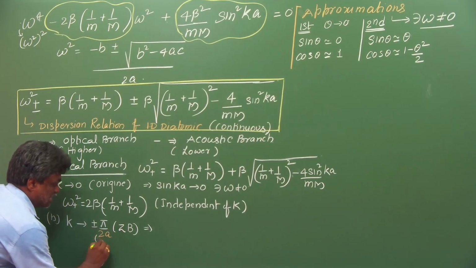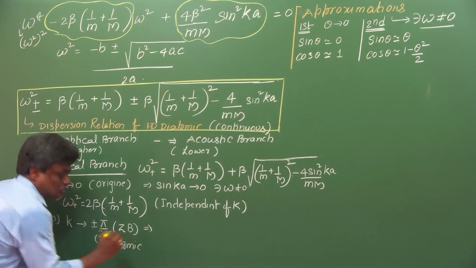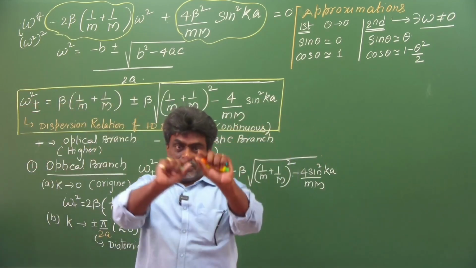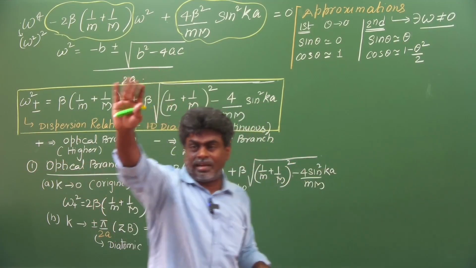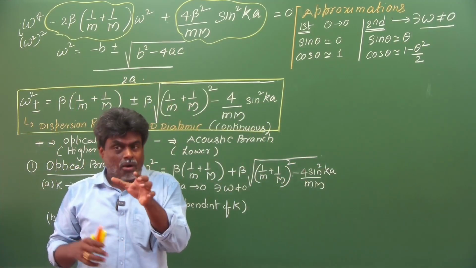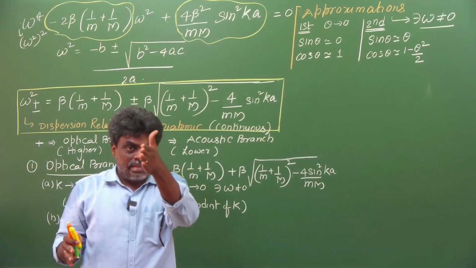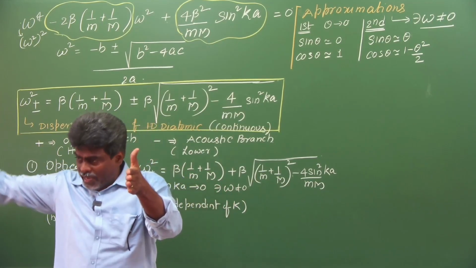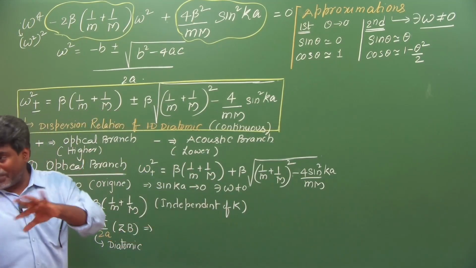The reason is we have taken a diatomic lattice. So what is the distance from an atom to the same atom? 2a. Everybody understand? Earlier we had taken all the same atoms, so the distance between atoms was a. But here it is small m, capital M, again small m. So the distance between small m and small m, or capital M and capital M, is 2a.